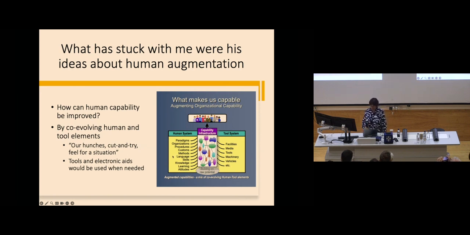And then on the right, remember this was back in the 60s, things like vehicles, machinery, tools, media, and facilities. And together, somehow, we can enhance or augment the capability of individuals through what look like now fruit pastels in the middle here, which was his model. I'm sure he wouldn't have called it the fruit pastel model, but it's thinking about how we combine these two together. So let's think what's happened since then.